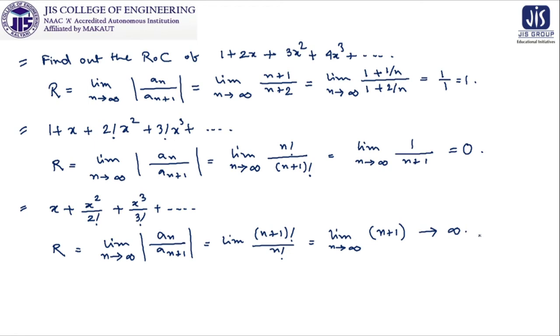It means the series converges absolutely for all values of x, because the radius of convergence is infinity. That means you can take any value and its modulus will always be less than r, because r is infinity now. So the series will be convergent for all values of x. So these are the problems or concepts related to radius of convergence of a power series.